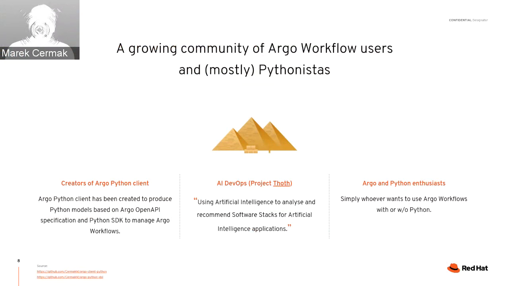We're also creators of the Argo Python client, as I've mentioned before, which is a simple client generated from Swagger that provides the models for Argo and allows us to manage Argo workflows purely from Python. And we're also whoever wants to use Argo workflows with or without Python.